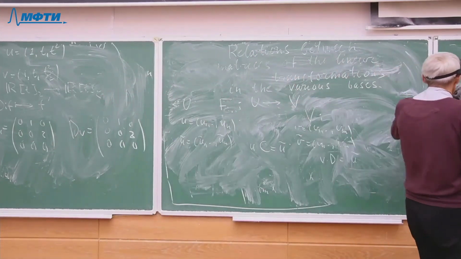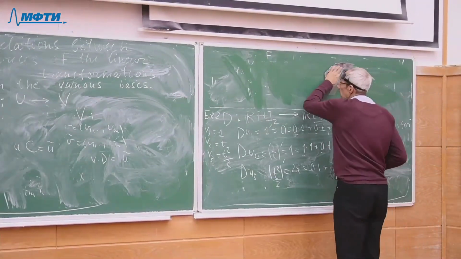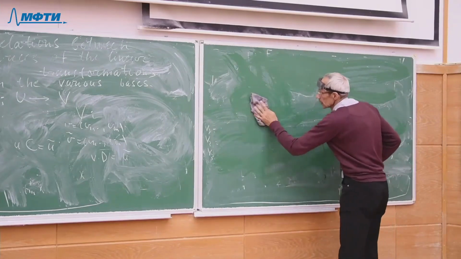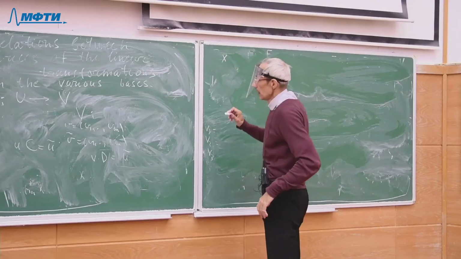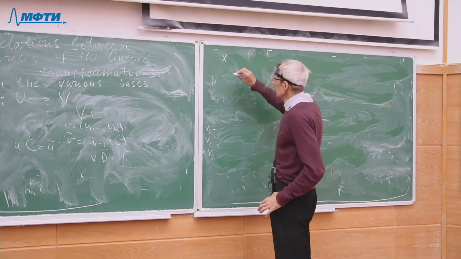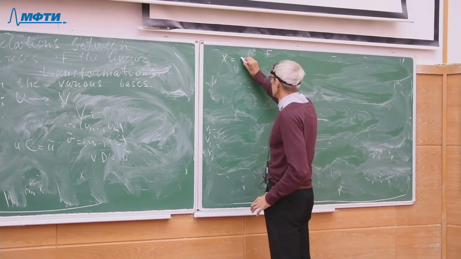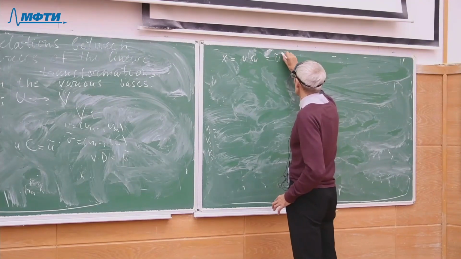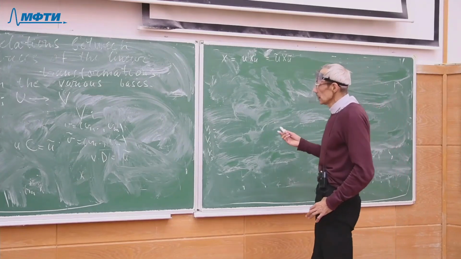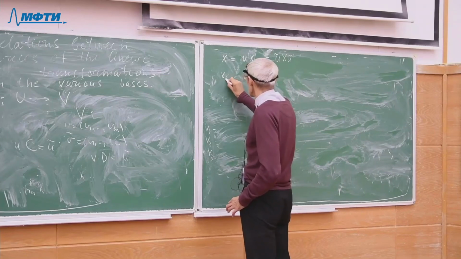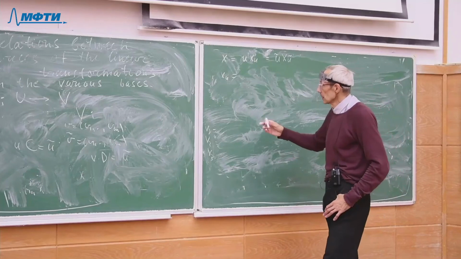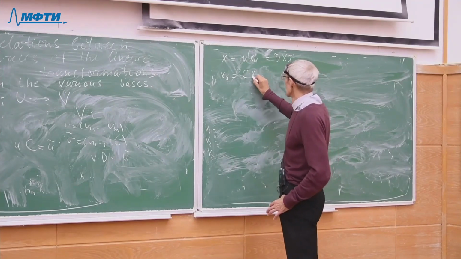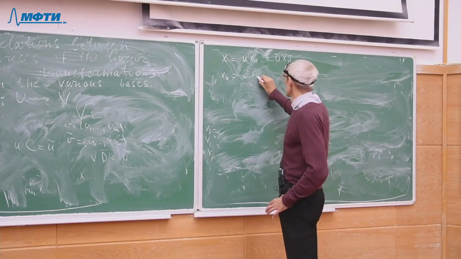If we have a coordinate vector x in the basis U, let x is equal to U xu, equal to U tilde xu tilde. And it is easy to see that the coordinates of this vector in the old basis can be expressed as the product of the matrix C and the coordinates of the vector in the new basis.